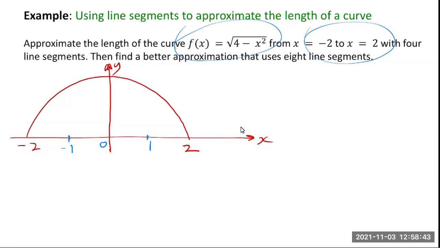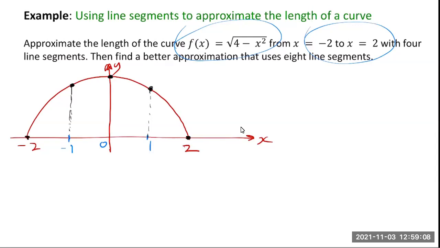Next, I'm going to compute the function height. I'm going to find the point corresponding to -1 on the graph. This is the point right here. And for 0, this is the corresponding point on the graph. For 1, this is the corresponding point. And for 2, of course, this is the point, and for -2, this is the point.